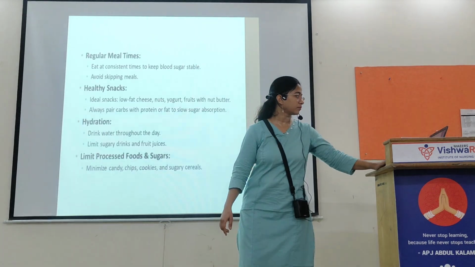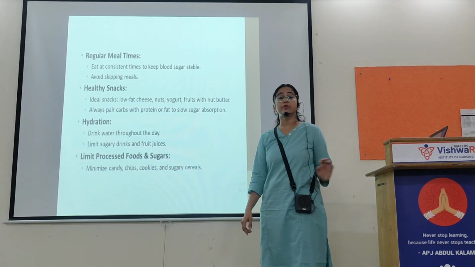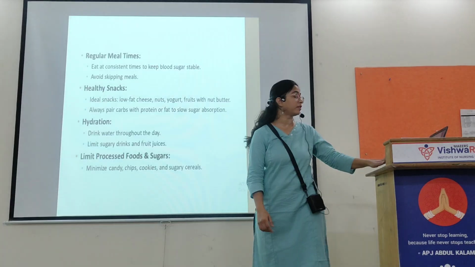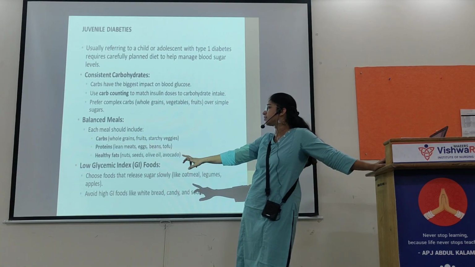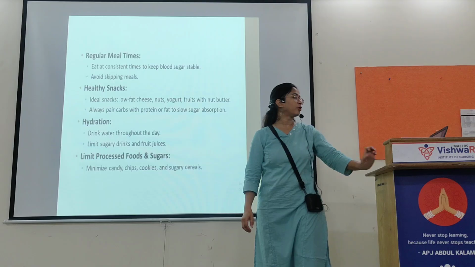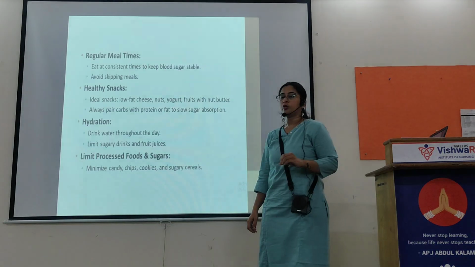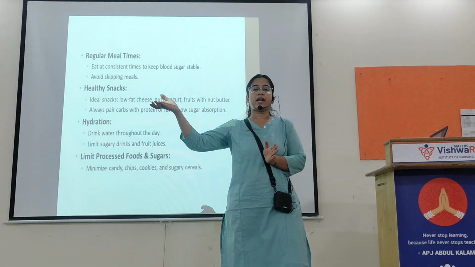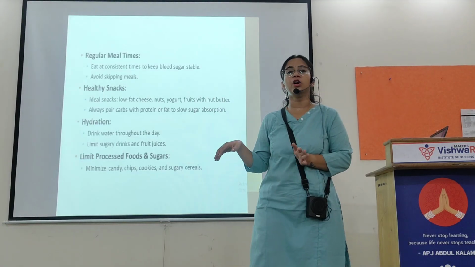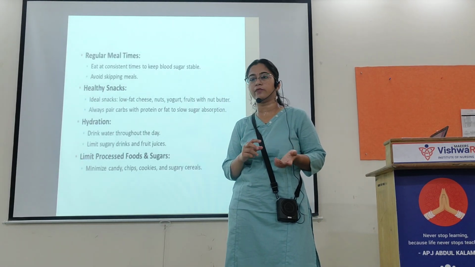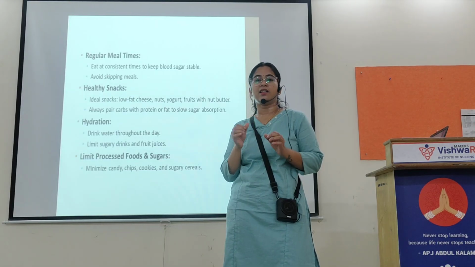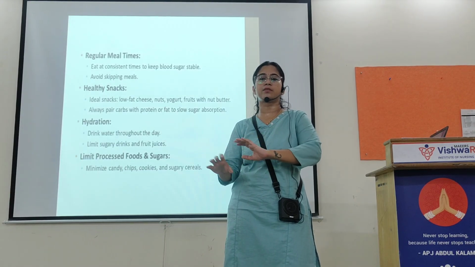Okay. Then regular meal time should be considered. The first three points are consistent carbohydrate, balanced meal, low glycemic index. Fourth point is the regular meal time. In an elder diabetes, like diabetes 2, sometimes people only have to give insulin 2 times, so only 2 meals are sufficient.